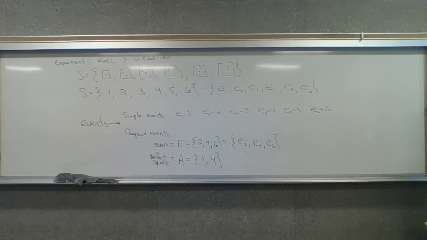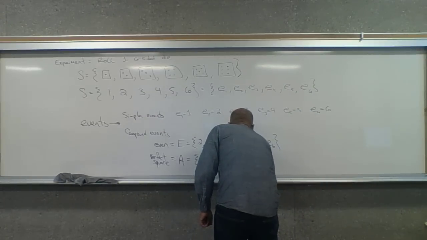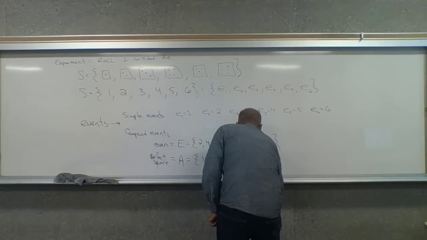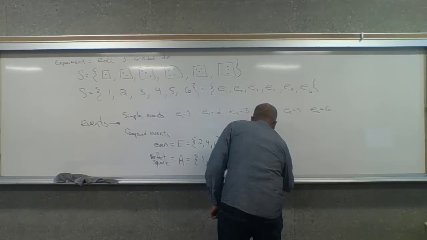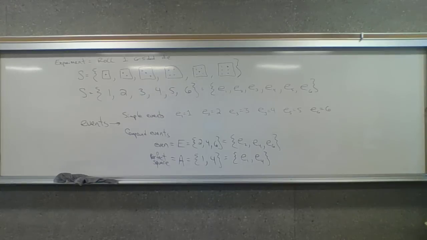Good. Questions? Comments? No? Okay, so I can write it that way, or I can also say that this compound event is E1 and E4. Any questions about that so far? No?